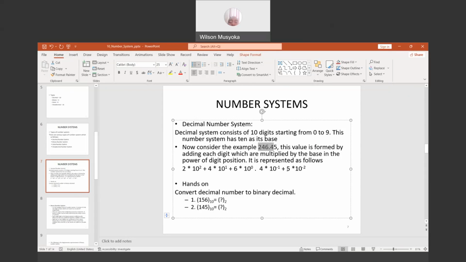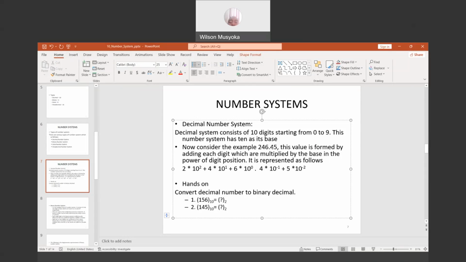That is why we are multiplying 5 multiplied by 10, which is the base, raised to power of -2, because after this point here, this is the negative position, these are the positive positions.